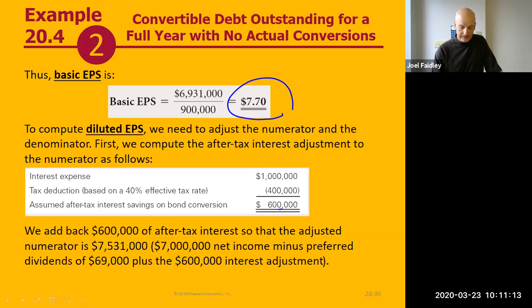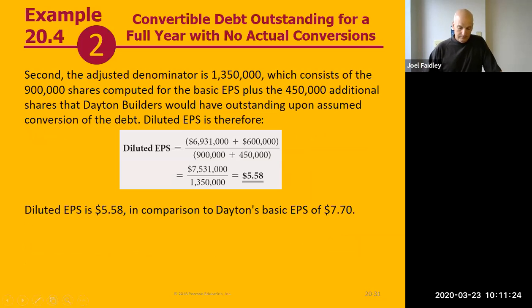All right, we've already calculated the after-tax interest savings, right? So we're going to add back 600,000 to my net income. There it is, 6,931. You're still subtracting preferred dividends because it's not convertible. So you still subtract that out. There's my 600,000 interest expense. 900,000, there's the 450 is the common shares added from the conversion.